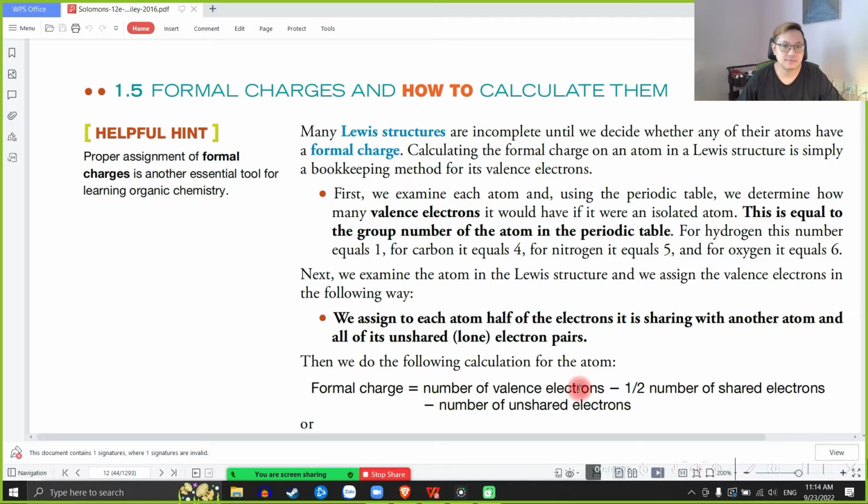Formal charges. So many Lewis structures are incomplete, of course. Sometimes you don't have a full octet for everything. Sometimes life is unfair.